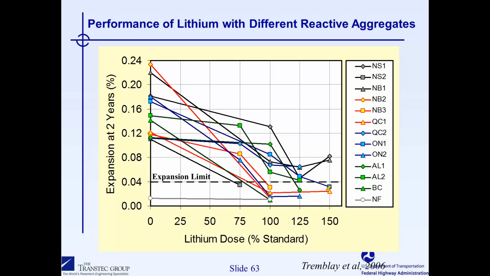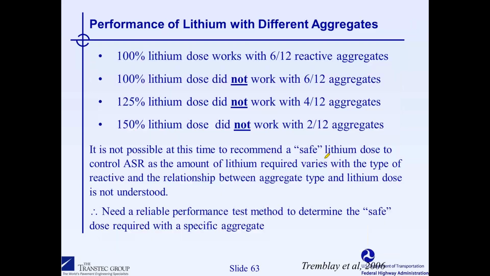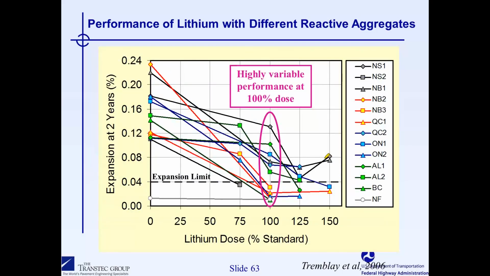Another 3 of our aggregates didn't work effectively, even at 25% more or even 50% more. So what we learned from this is that the lithium dose required is highly dependent on the aggregate that you're using, and that 100% dose does not work with all aggregates.